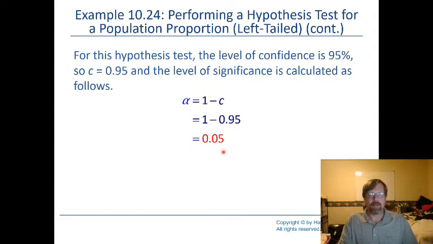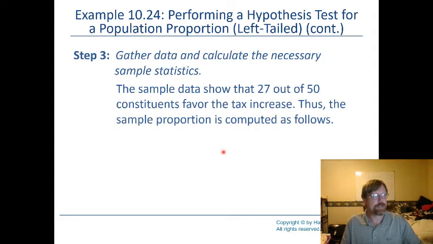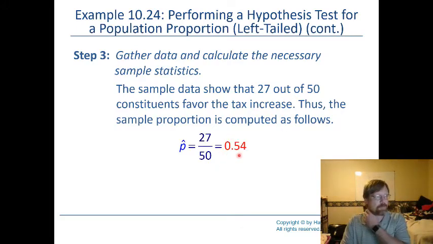They go out and collect the data, and we get our sample statistics. We show that 27 out of 50 constituents favor the tax increase, so we can calculate the sample proportion as 0.54, which is less than the 65% that was presumed. So he's right on track right now, right?